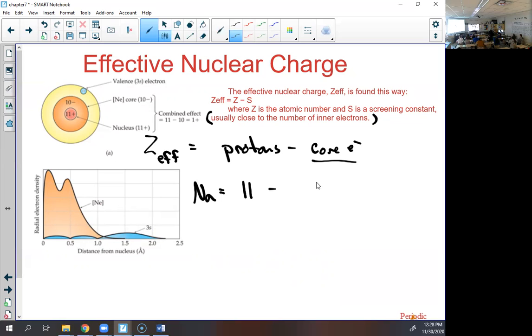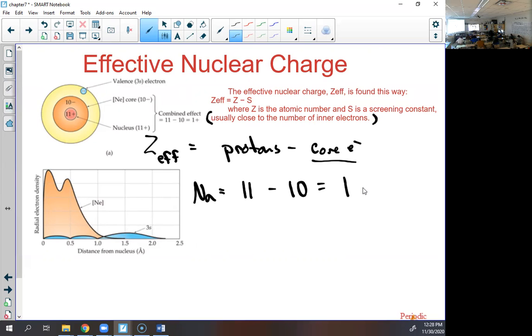What's the previous noble gas to sodium? It's neon. And how many electrons does neon have? Or protons, either one. It's 10, right? So 11 minus 10 equals 1. So sodium's effective nuclear charge is 1.